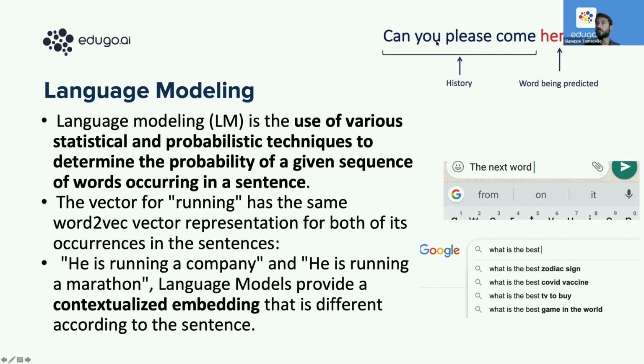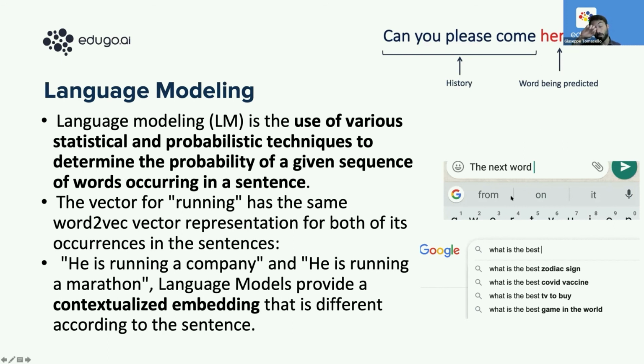For example, if you see here on the top right, "can you please come?" The system is trying to understand what the next word will be, based on the statistical knowledge it acquired from a huge corpora. So the word predicted with the highest accuracy will be shown here, because it's looking at all the other sentences it saw when the model was trained.